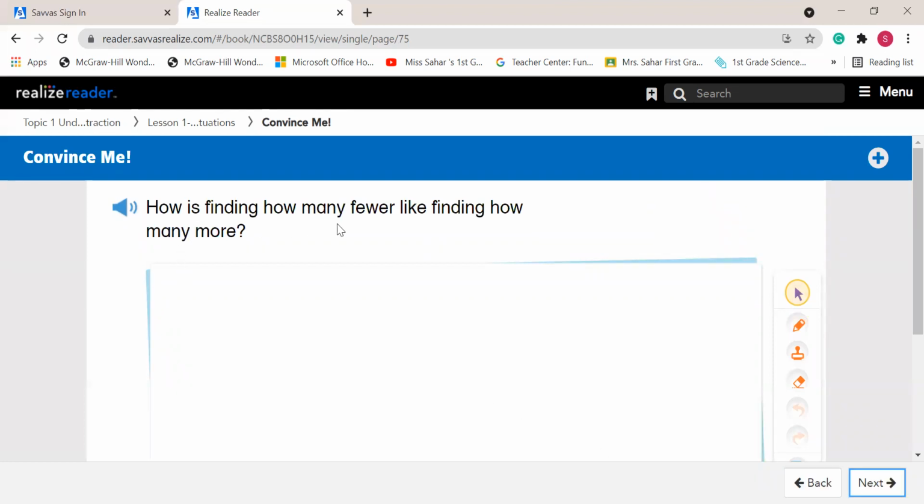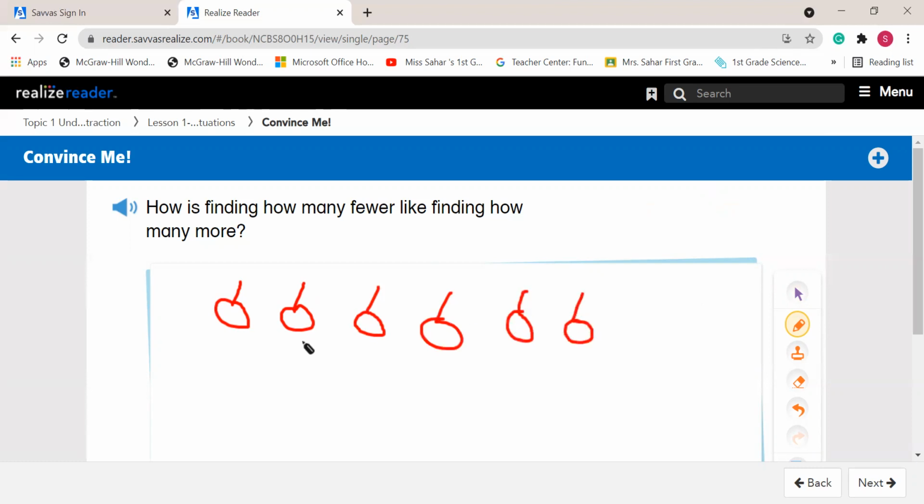Okay, how is finding how many fewer like finding how many more? Remember the previous lesson? Let's use the same example. Emma has red apples. Let's say she has 6 red apples. And let's say her friend Beth has 4 green apples.